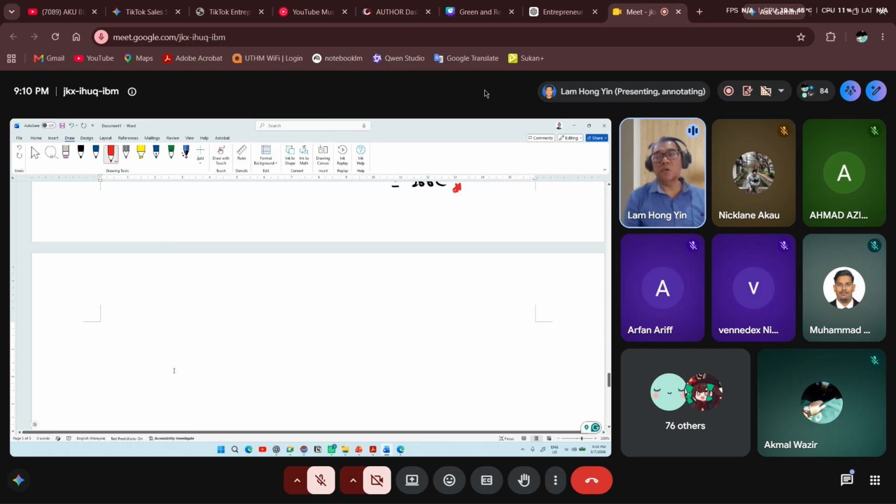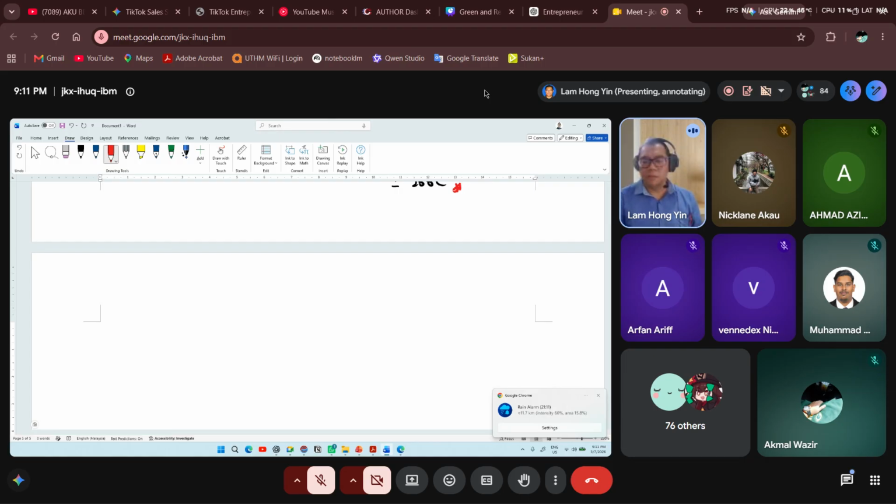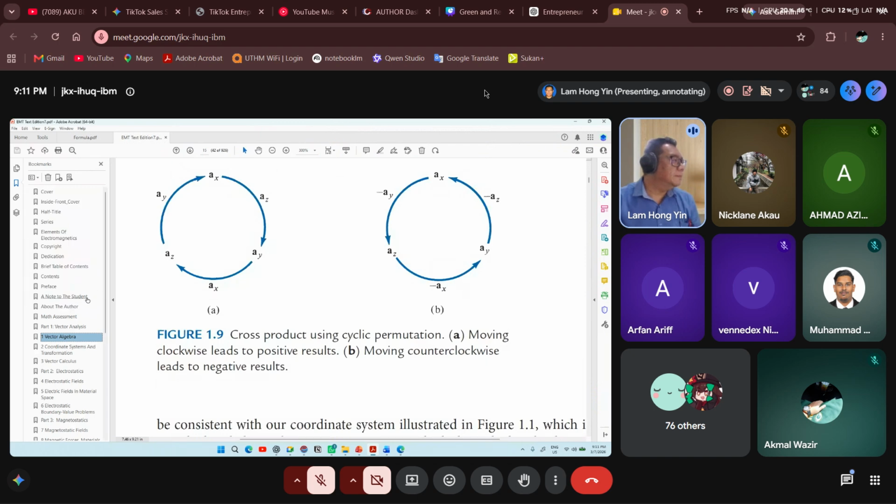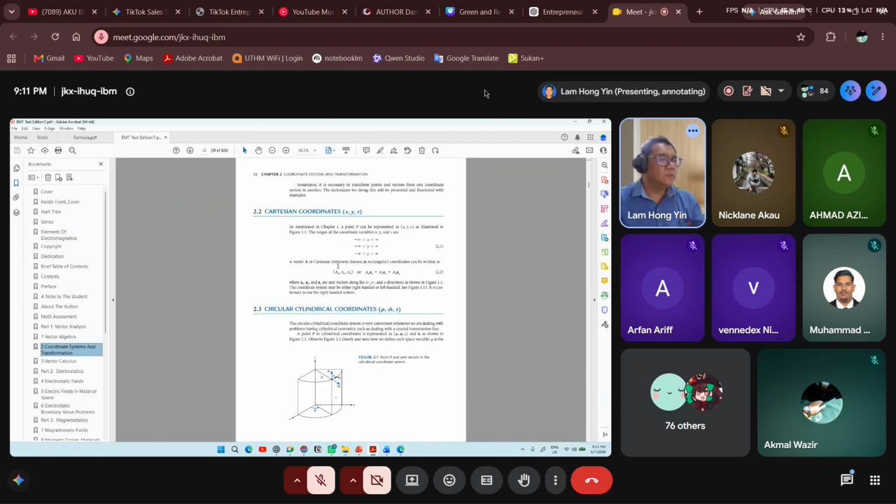I need to revise all of the basic things before you can clearly identify them. All right. The coordinate systems, what we have over here, supposed to be in the first chapter, but let me show you here.